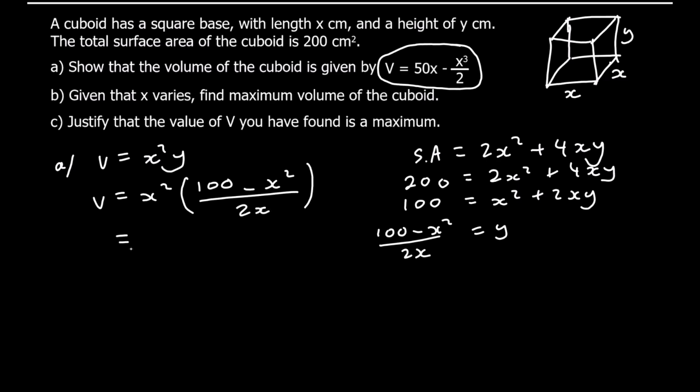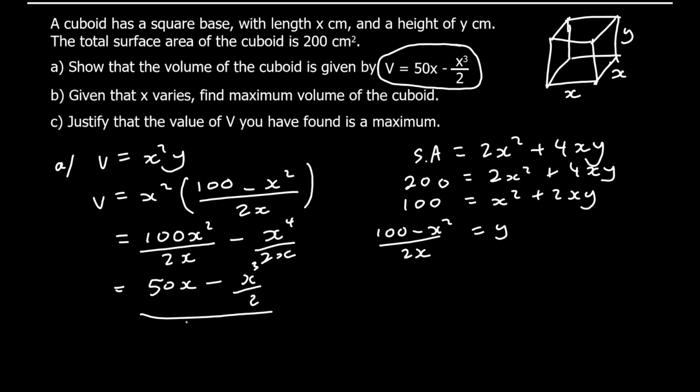Expand the brackets. So 100 x squared over 2x minus x to the power of 4 over 2x. And simplifying gives us 50x minus x cubed over 2. That's what we wanted.